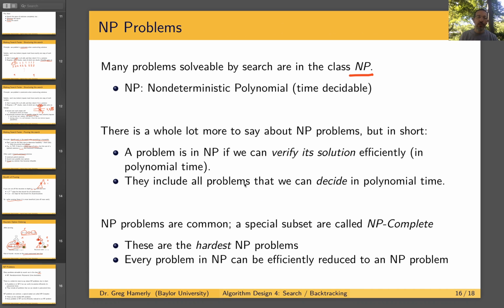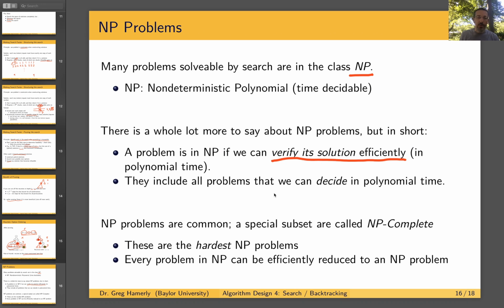But in short, a problem is in NP if we can verify its solution efficiently. In other words, if you give me a problem and you give me a solution to that problem, I can verify that that solution is a solution to the problem efficiently. That doesn't say that I can solve the problem efficiently, but it does say that I can verify a solution to the problem efficiently.